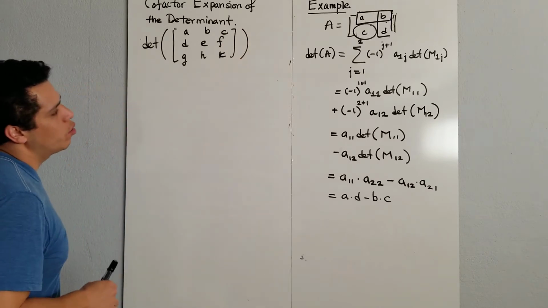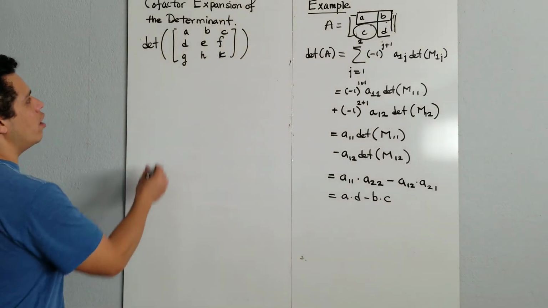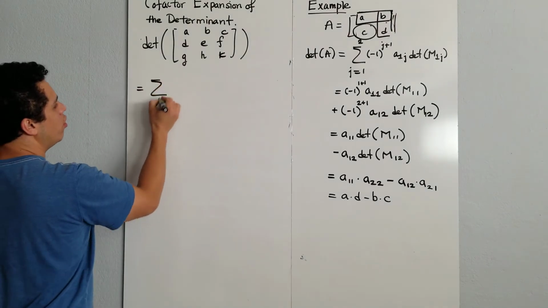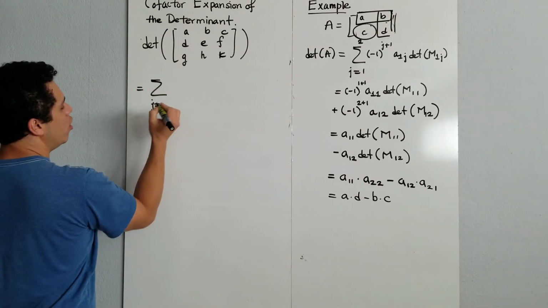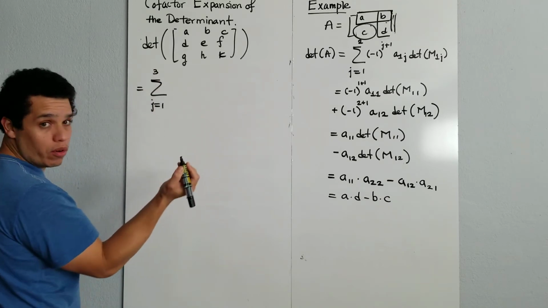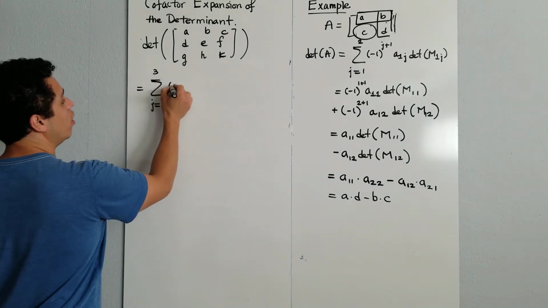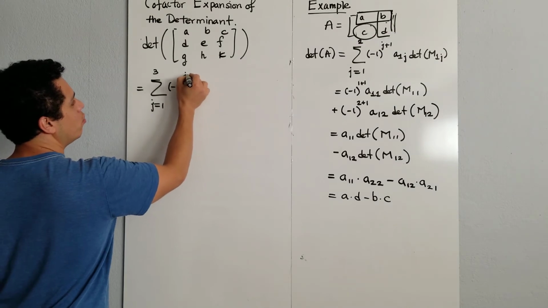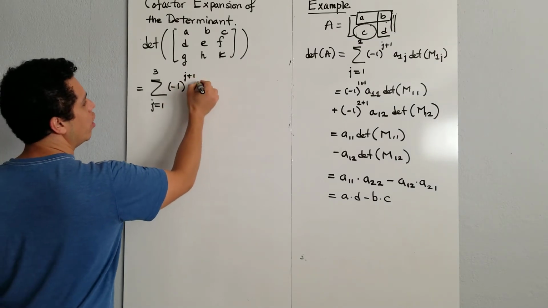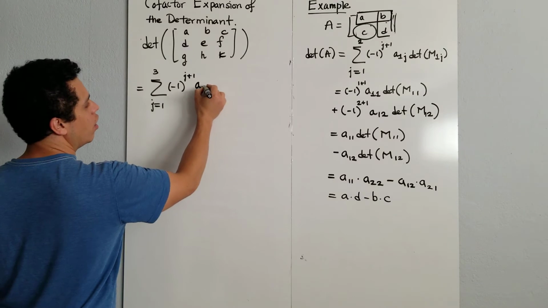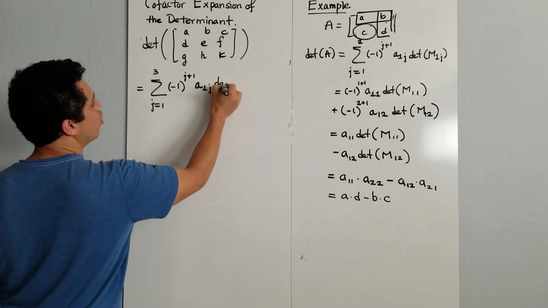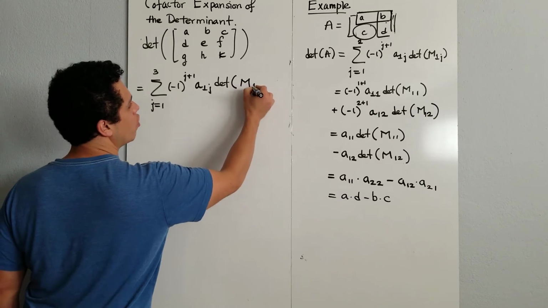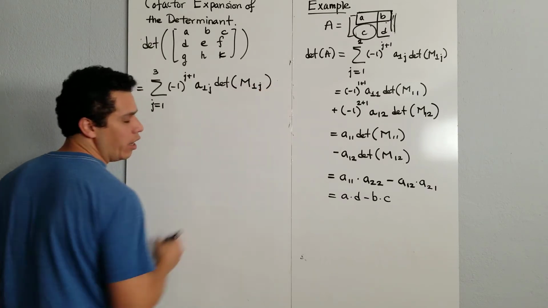So what is this? According to the definition that we have here, this better be the sum from j equal to 1 up to 3, the number of columns that we have, of negative 1 to the j plus 1, a1j, determinant of the minor associated with 1j.